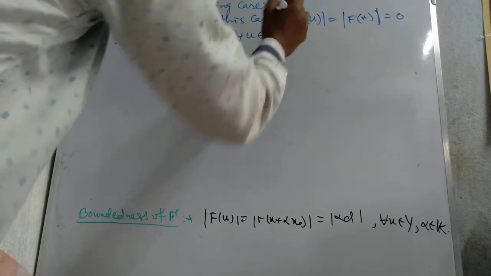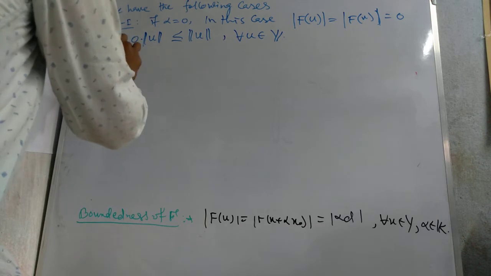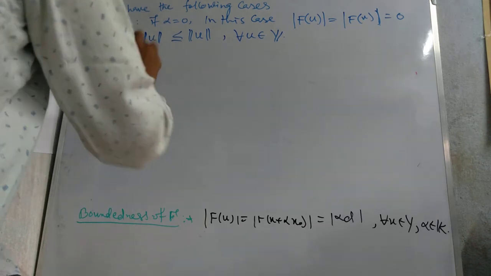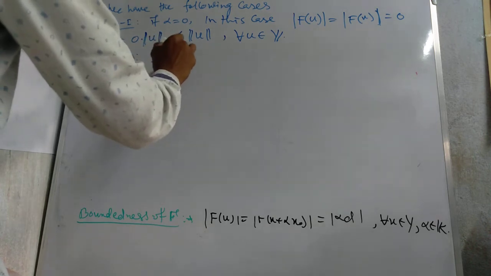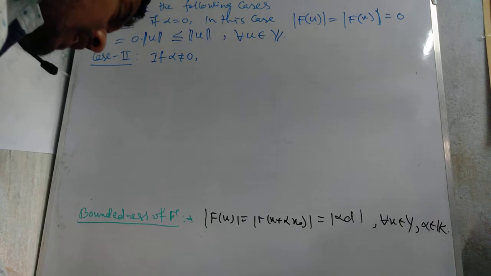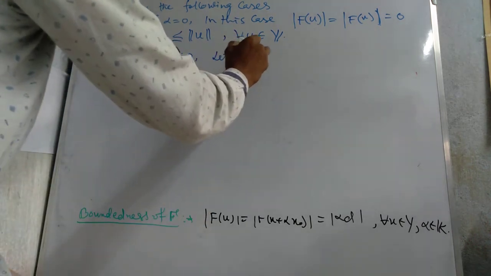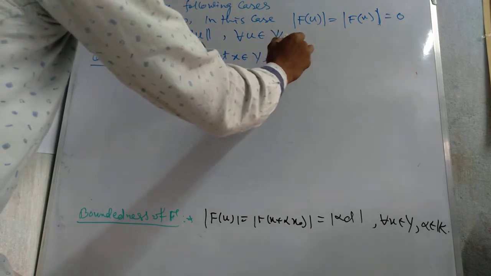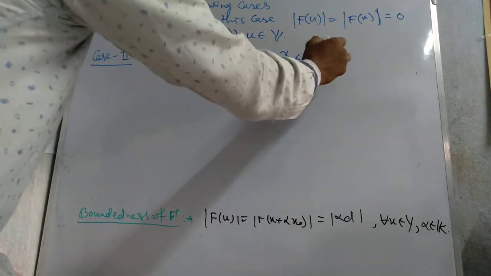Case 2. If alpha not equal to 0, then let x belongs to Y, and x by alpha belongs to Y.